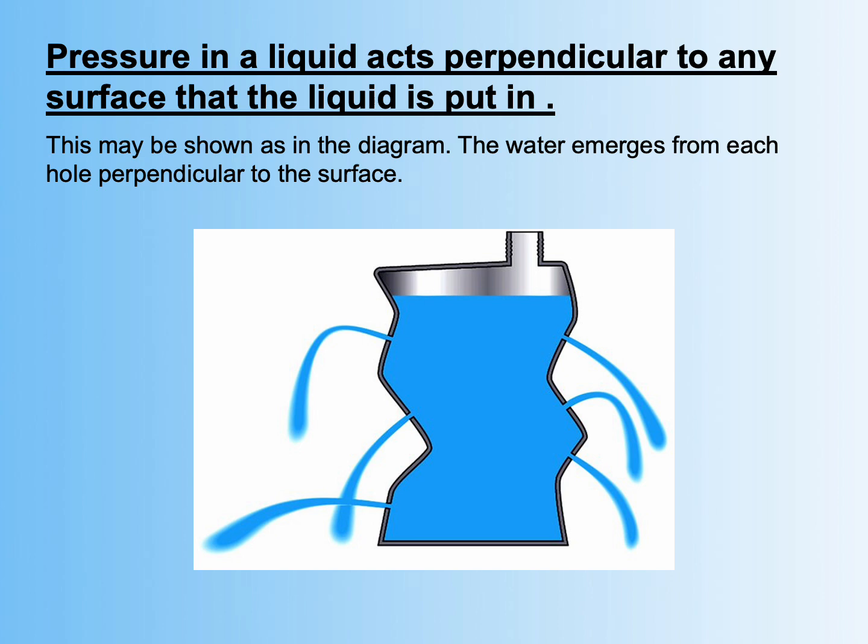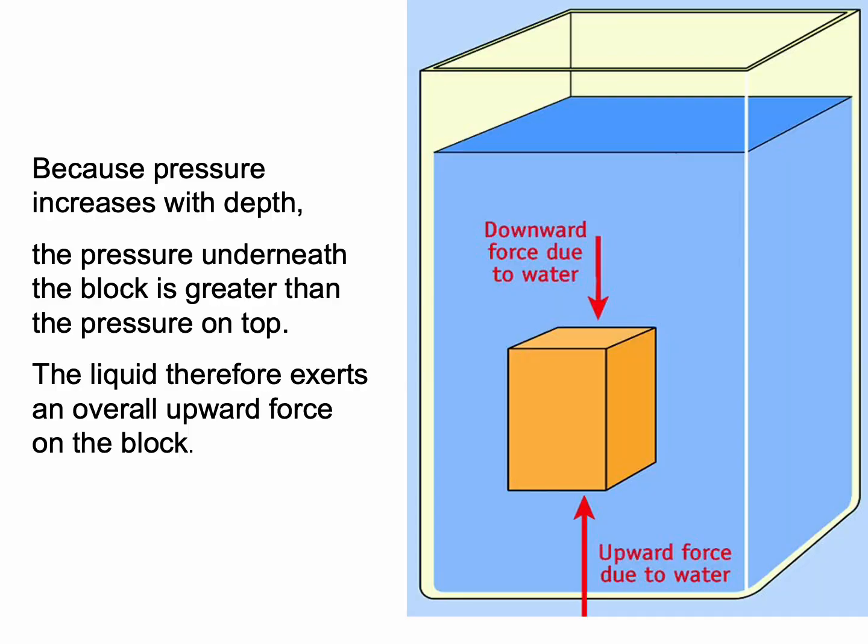All right, folks, I'm going to move it on here again. If we put an item into a container of liquid, for example, a block of wood, and we place it at a certain depth in the container, there will be various forces acting on that block, and depending how strong they are, the block will either sink or float. There's going to be a downward force due to the water.